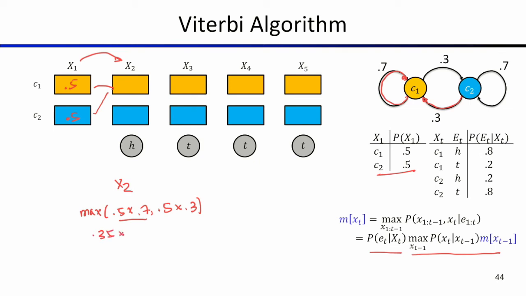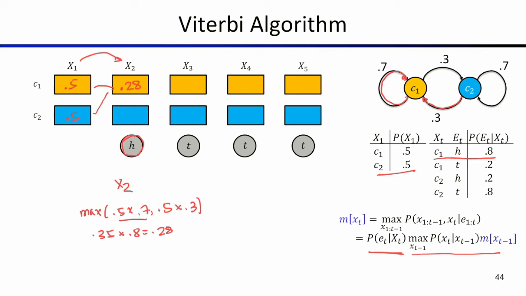And now we need to multiply by the evidence. And we observed heads. Okay, heads is more likely for C1, so we have this row here. So it's going to be the multiplication by 0.8. And this is going to be 0.28. All right, so 0.28 is the probability that goes here.